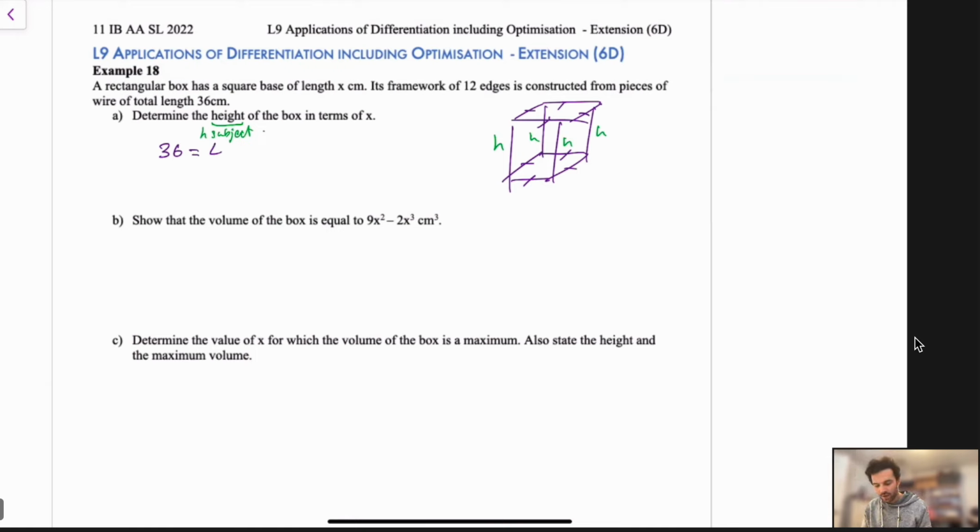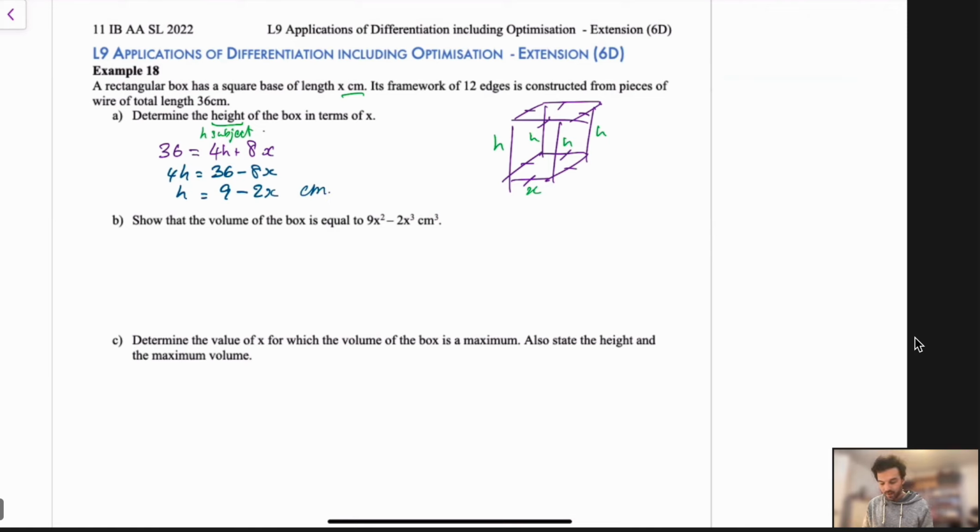There's 4 h's and there's 8 x's because they've said that these are going to be x. And so there's 4 in the bottom square and 4 in the top square. Now let's make h the subject by rearranging. We can see 4h is equal to 36 minus 8x, and then we can go 9 minus 2x by dividing all by 4. And this is our formula for the height in terms of x, and that's centimeters.